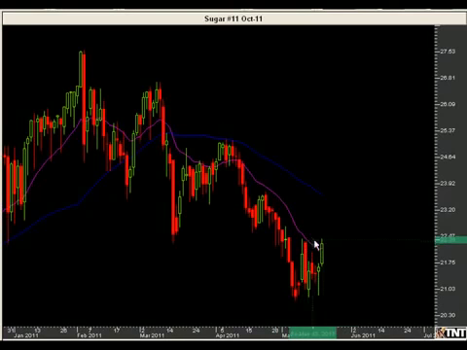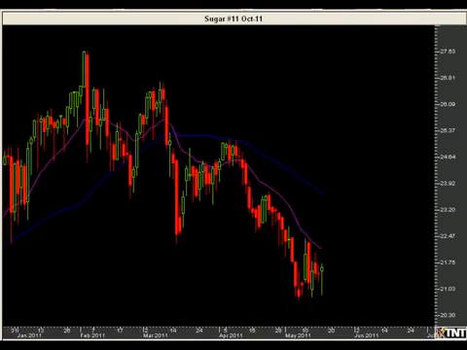So we would probably have been stopped out on this particular trade to the downside, either for a big loss or a little loss, depending where you would have taken your lumps. So how would you be able to know that this market would not really head lower? Well, I've got a little bit of good news and I've got a little bit of bad news. The bad news is that it is very difficult to determine.